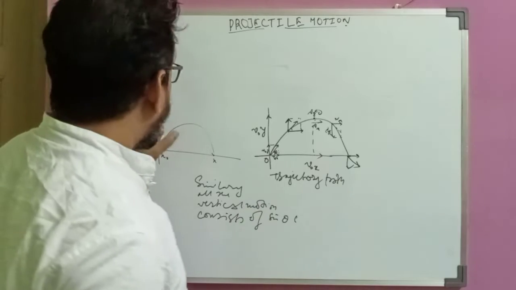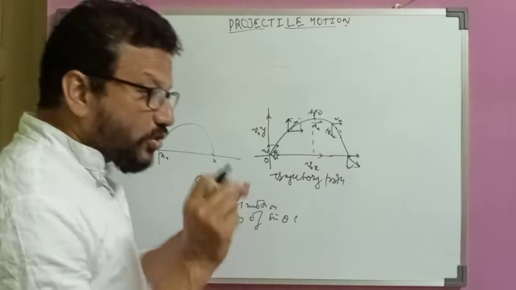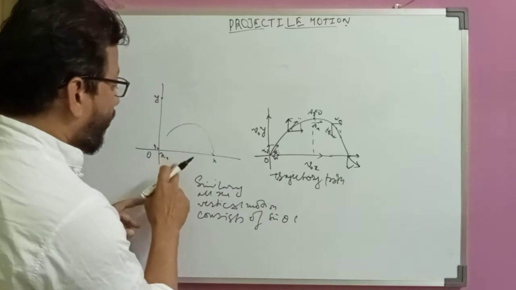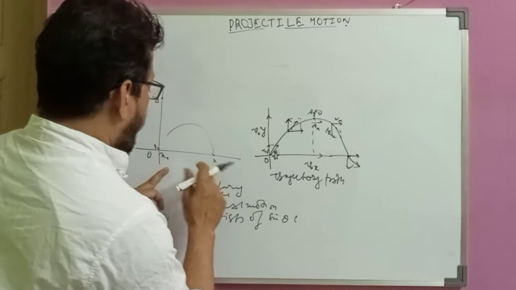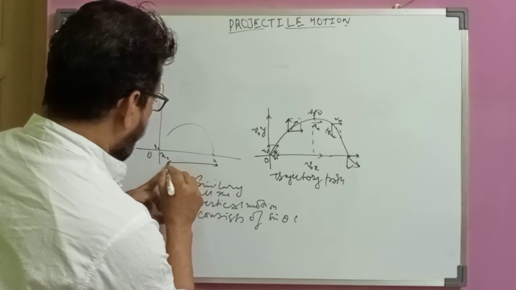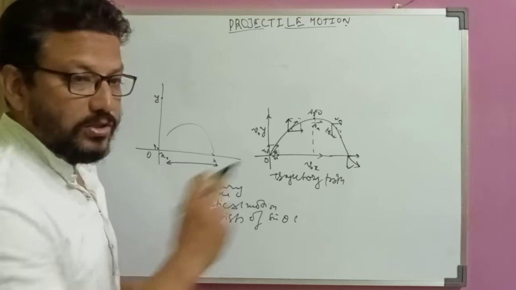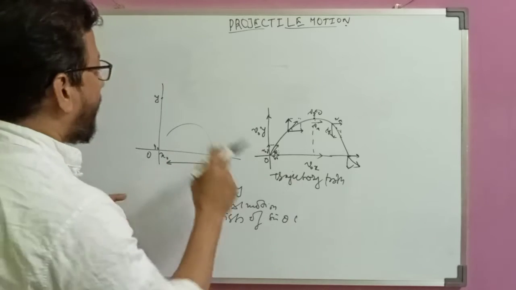Now, if we throw a stone from x0 and it goes to x, that is the distance the stone or particle will cover.